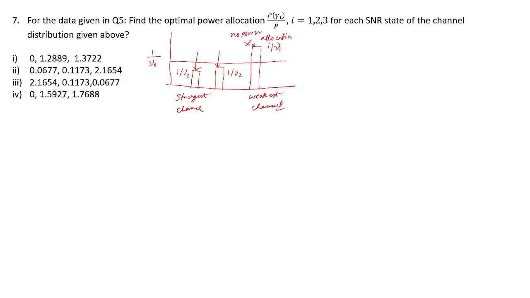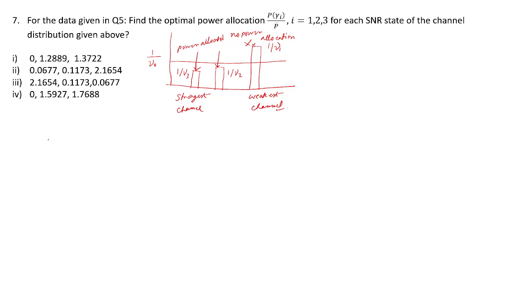So optimal power allocation assigns more power to the strongest channel compared to weaker channels, and the power allocated is the gap between 1 over gamma naught and 1 over gamma 3. This is the power allocated to the channels.